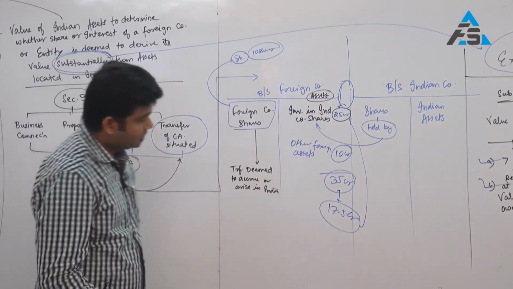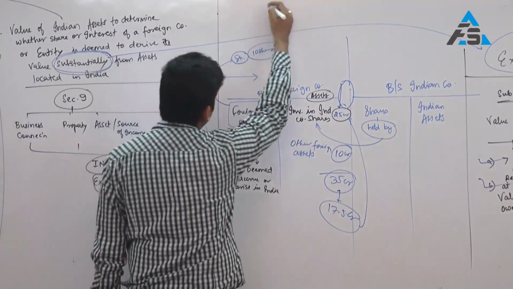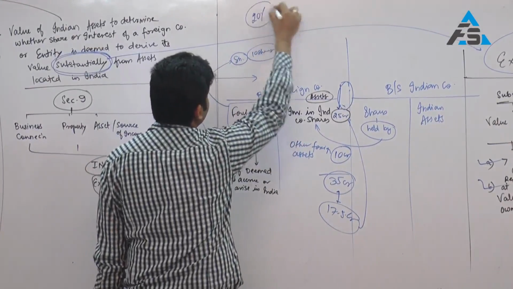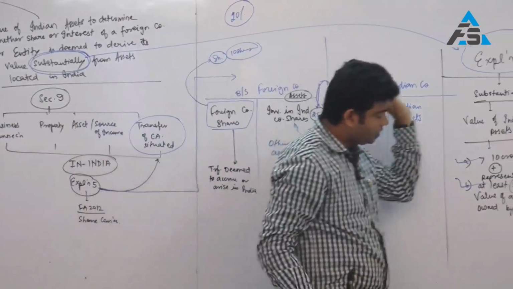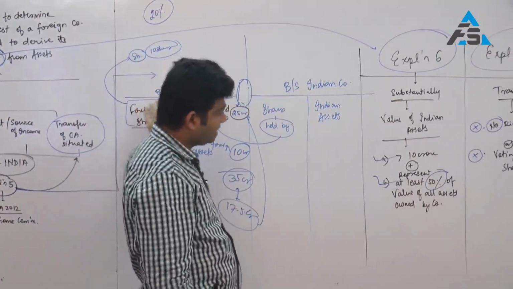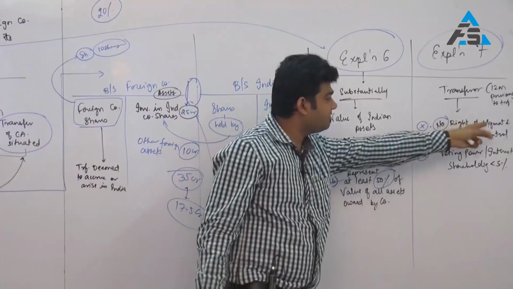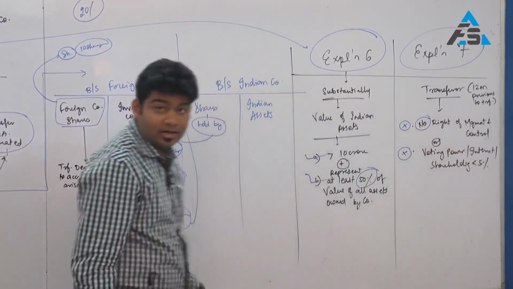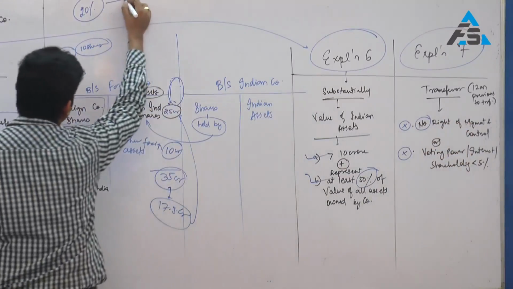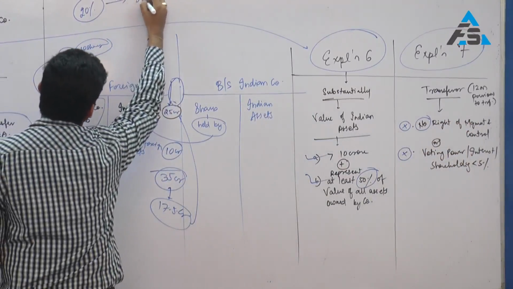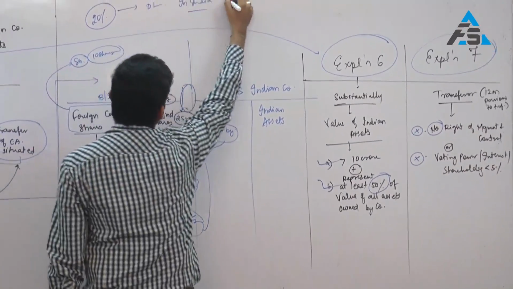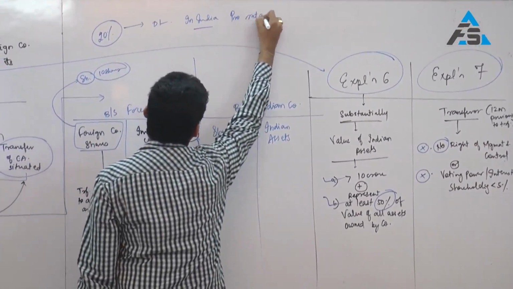If, however, just assume that he holds more than 5%, say he holds 20% of shares in this foreign company, then he may not have a right to control and management, but he has a voting power, interest or shareholding greater than 5%, so his income will be deemed to accrue or arise in India, but on a pro rata basis.